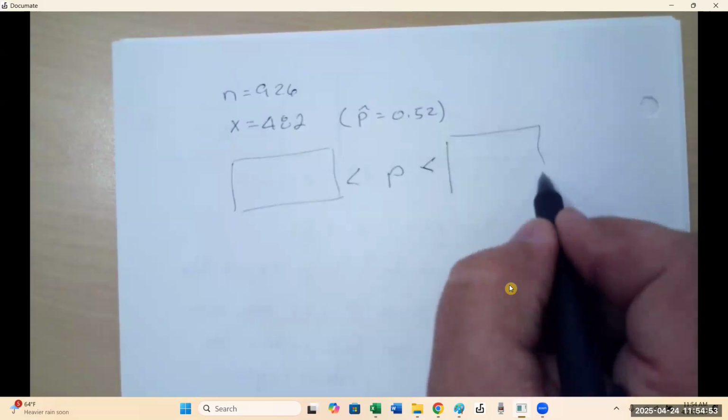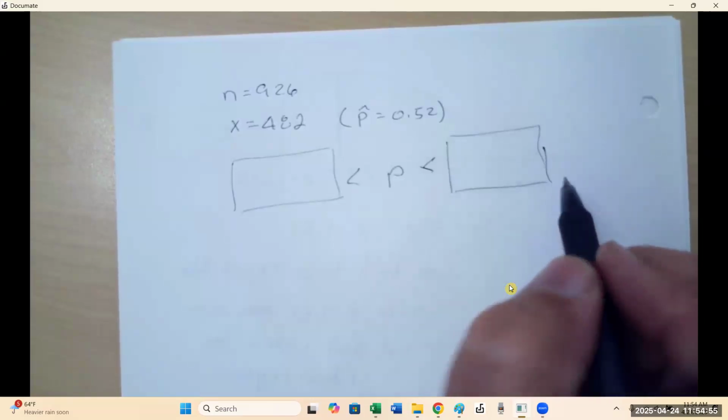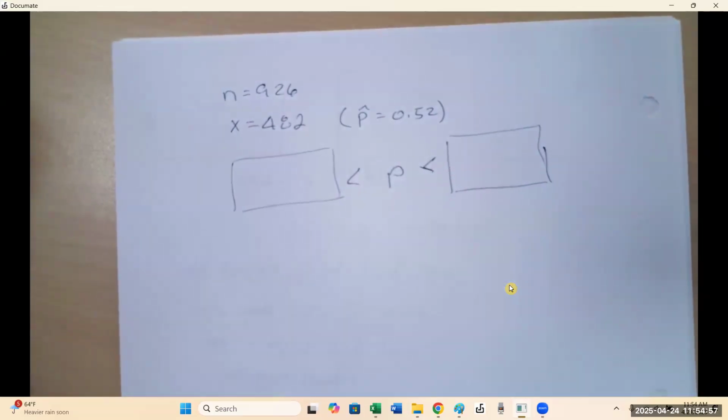Find both ends here. Remember, it's the same as the mean plus or minus 2 standard deviations.